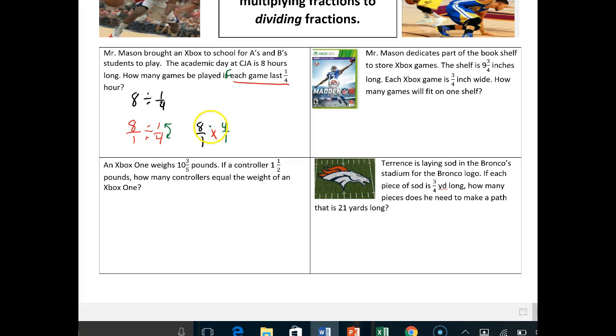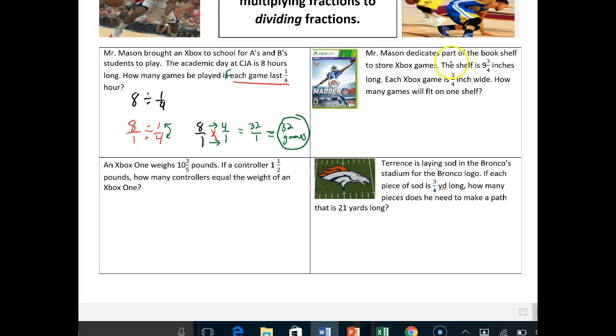Nothing I can cross cancel, so we multiply straight across. 8 times 4 is 32. 1 times 1 is 1. So I could do 32 games in a day if they each lasted 1/4 of an hour, for the A's and B's students. Now, this 1, remember, was because 1 times 1 is 1, not just because we kept the denominator. Right? Let's do another one.